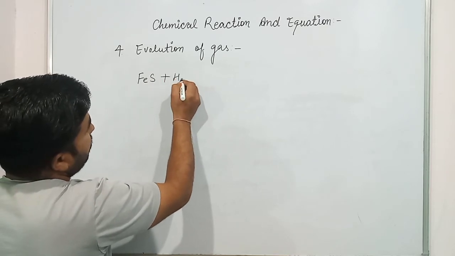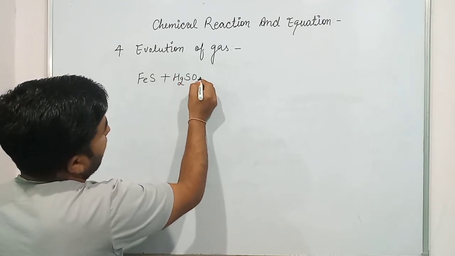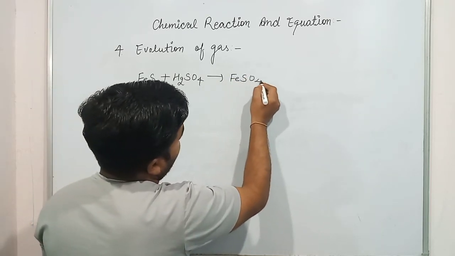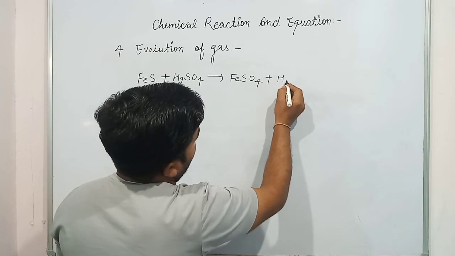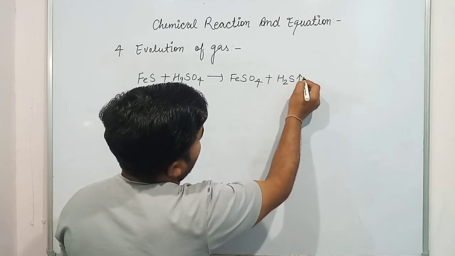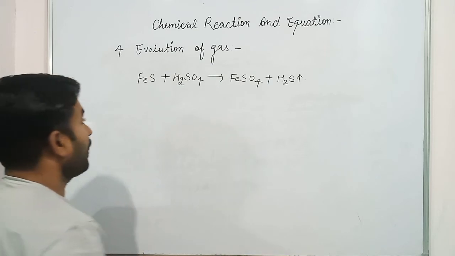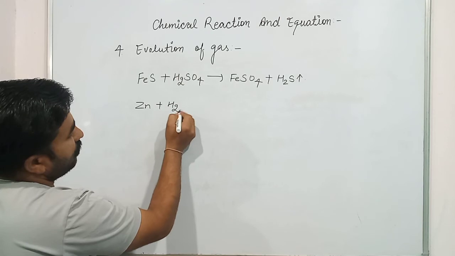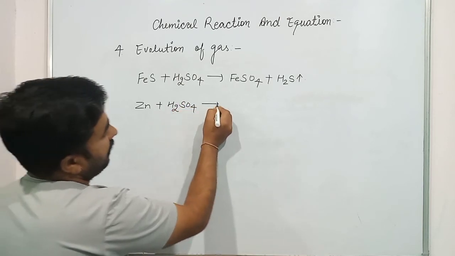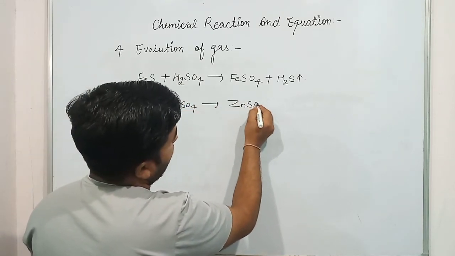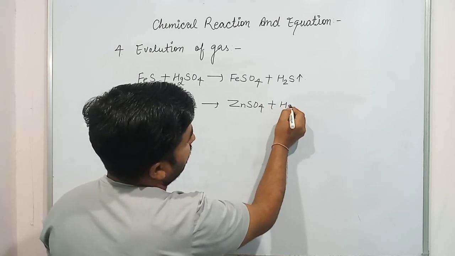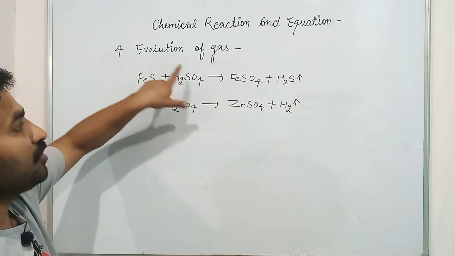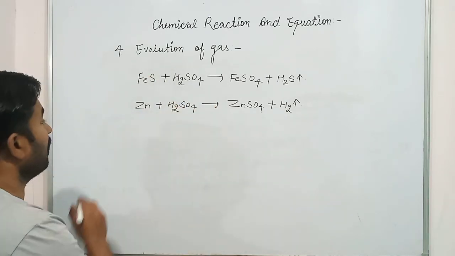If we pour some sulfuric acid on it, then we get iron, or you can say ferrous sulfate, plus H2S, hydrogen sulfide gas, which will be released here. We take another example, zinc plus H2SO4, then zinc sulfate will be formed and hydrogen gas will be released here. These are examples of evolution of gas during the process of chemical reaction.